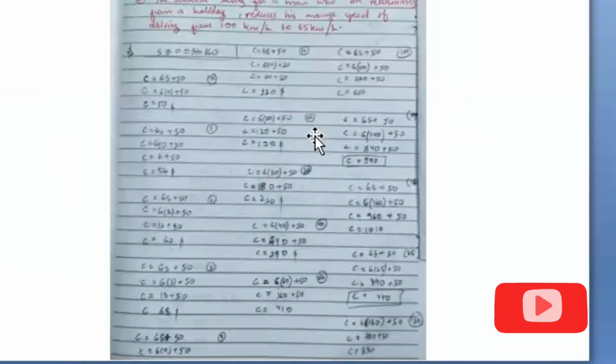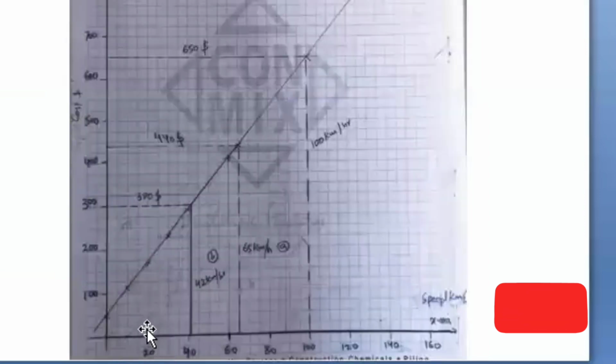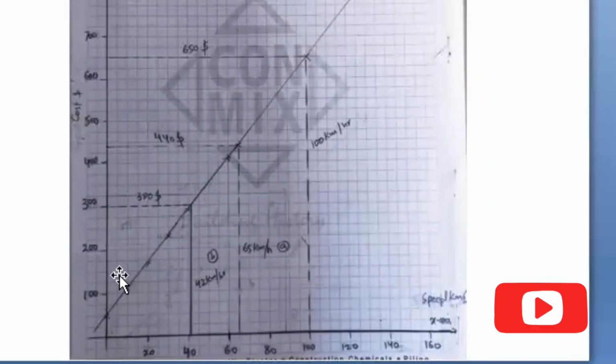And then at 20 we got $170. So till here is 150, 160, and then 170.